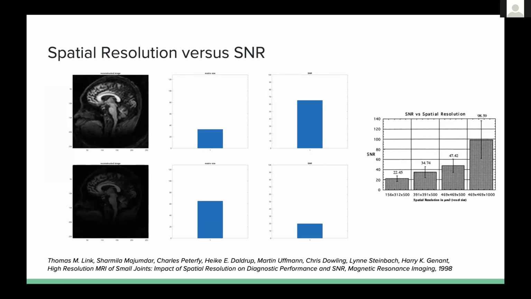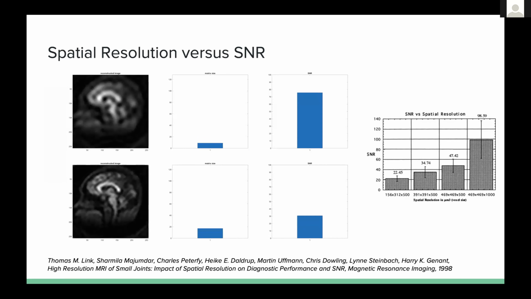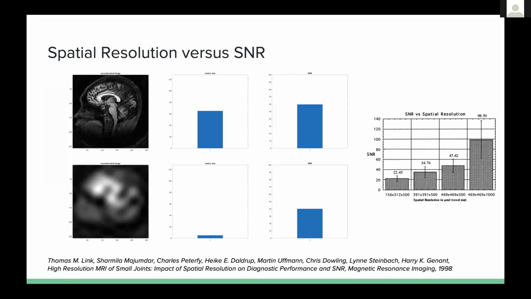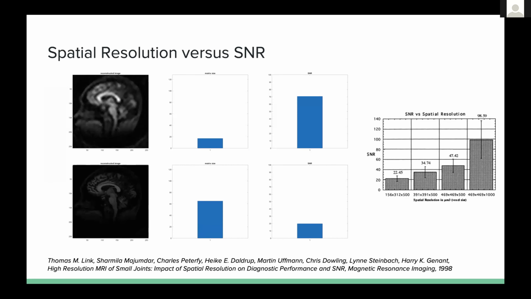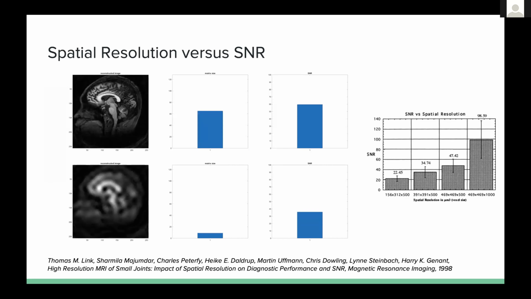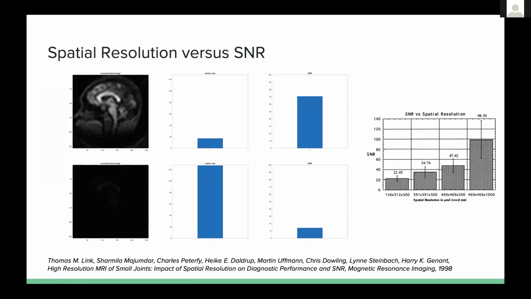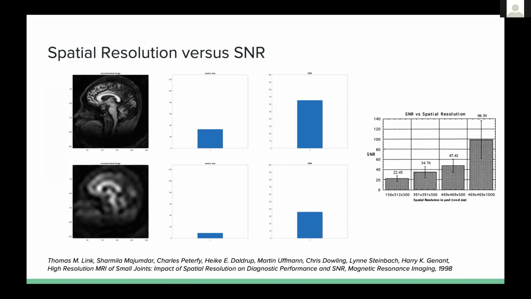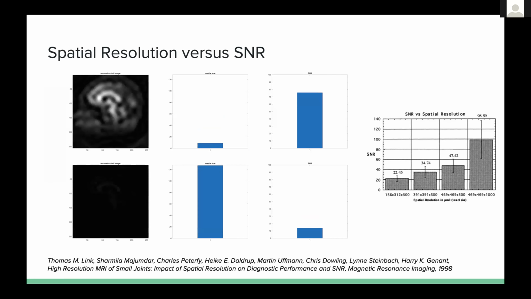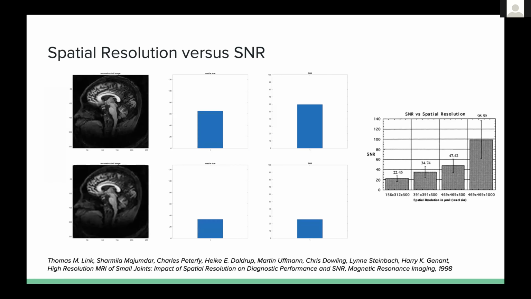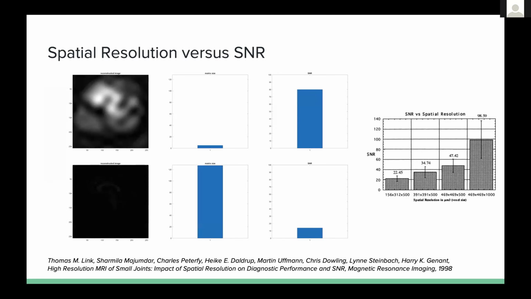Yes, so the relationship between the spatial resolution and the SNR is very similar to the relationship Haonan introduced on CNR and SNR. They are also inversely proportional. So on the left, just to simplify everything, we assume the noise is white noise. You can see there are two images reconstructed using different matrix sizes.